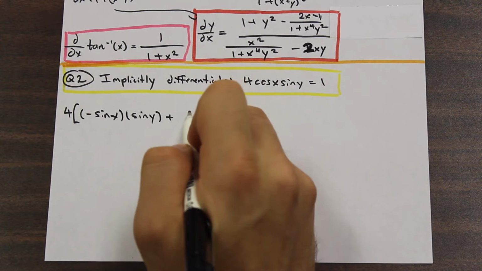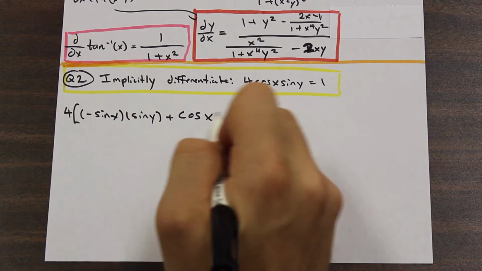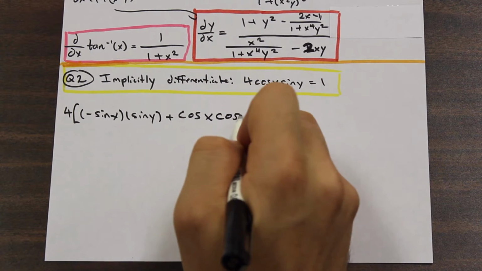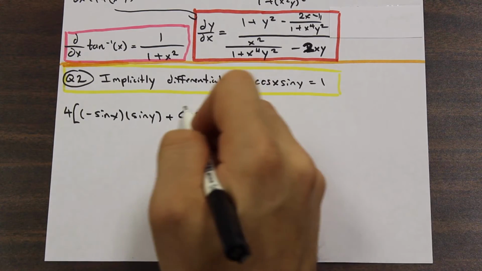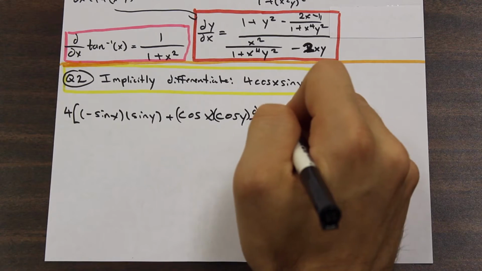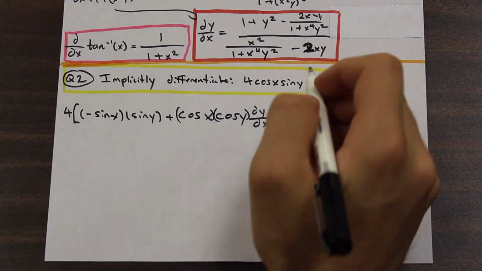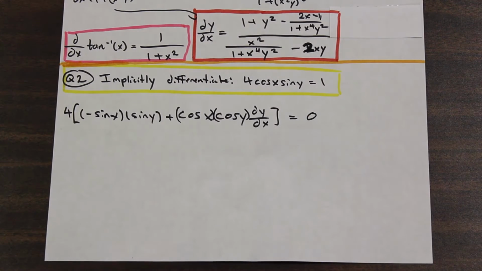So that's going to give us cos x times cos y dy by dx. Perfect. And, all right, that is going to be equal to the derivative of 1, which is 0.